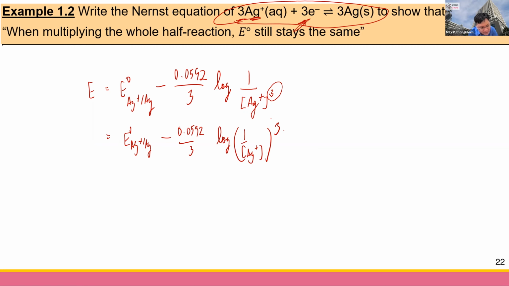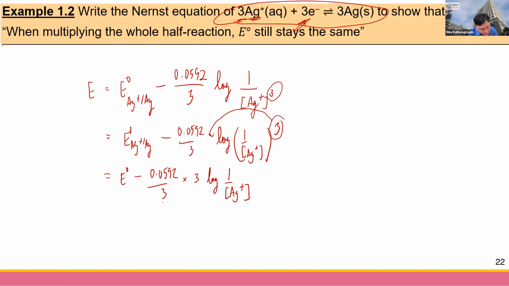And then I can take it out from the log by multiplying here. So this is still 0.0592 over 3 multiplied by 3 times log of 1 over silver.